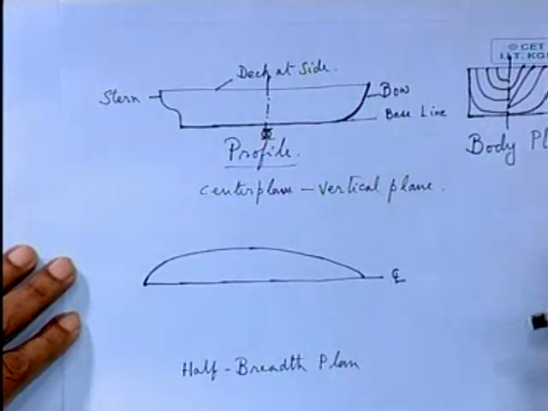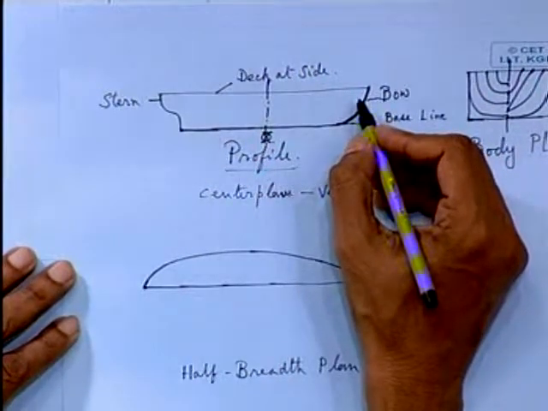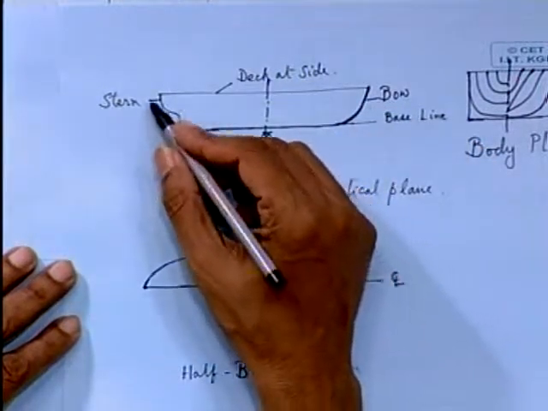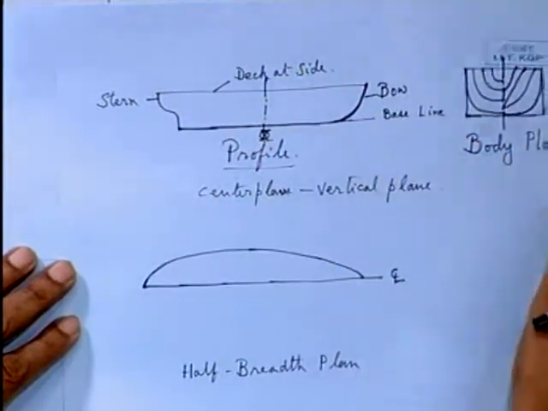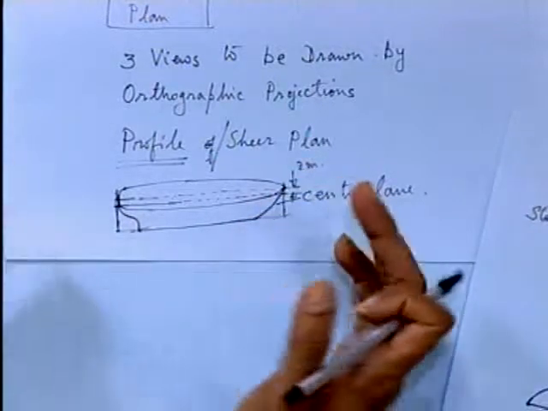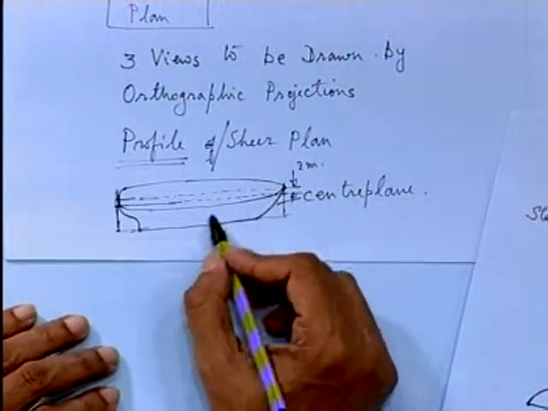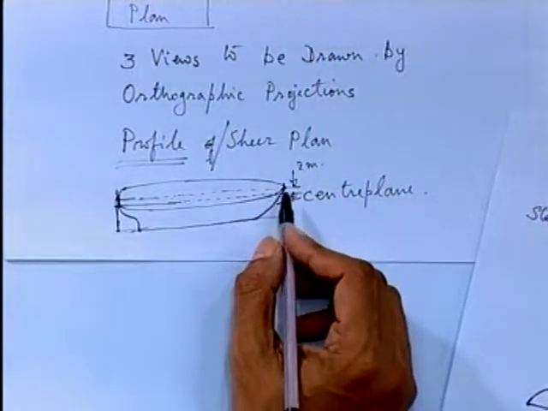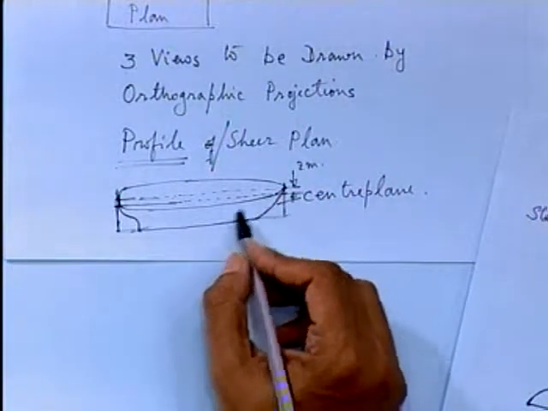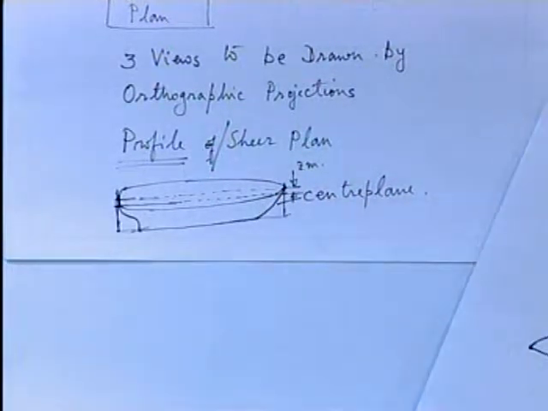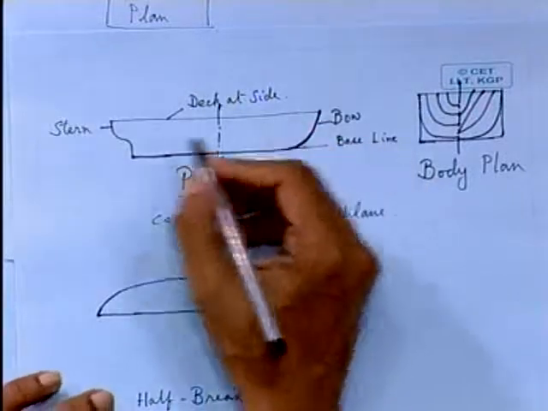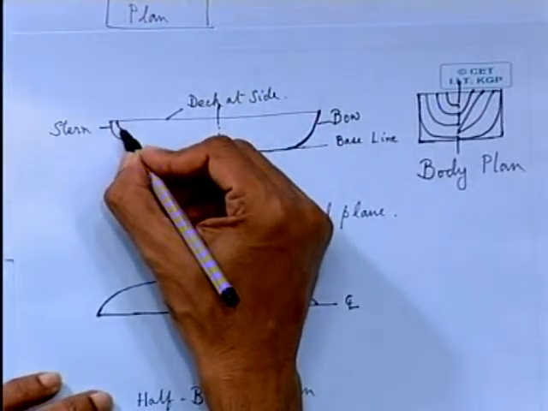But the curve will be within this boundary, isn't it? Because the ship is becoming narrower as you go from the center line or center plane towards the side. So, you will find another curve which will come like this.